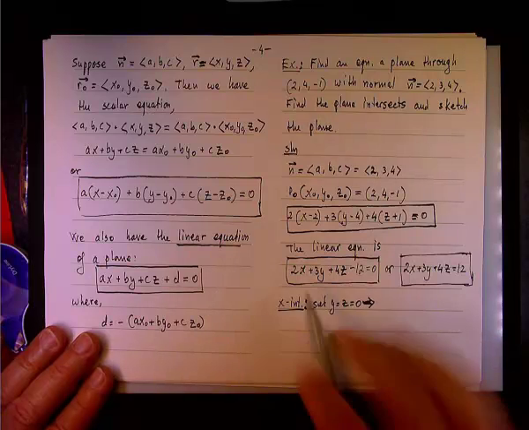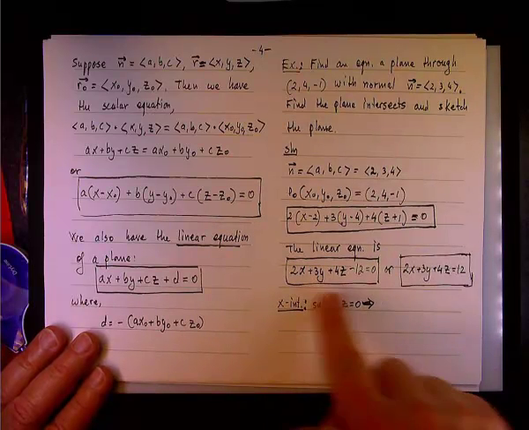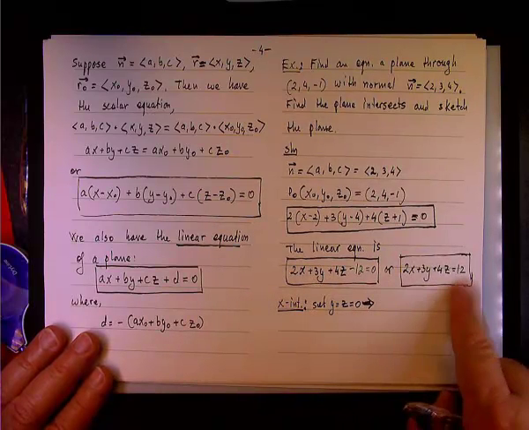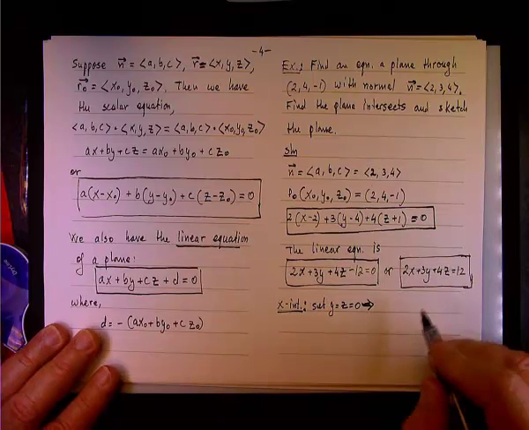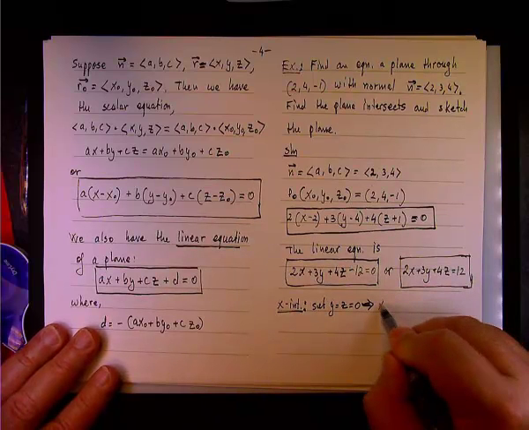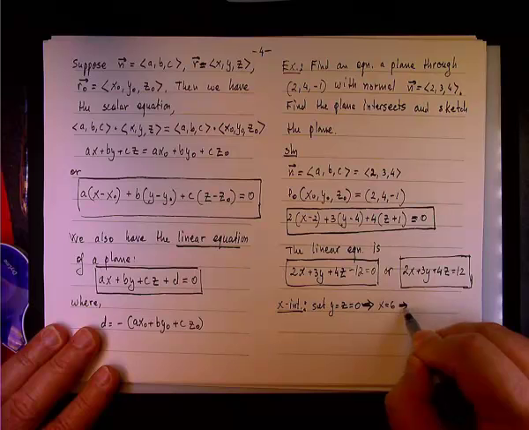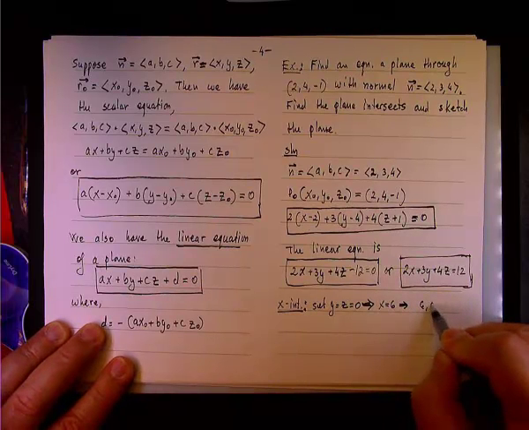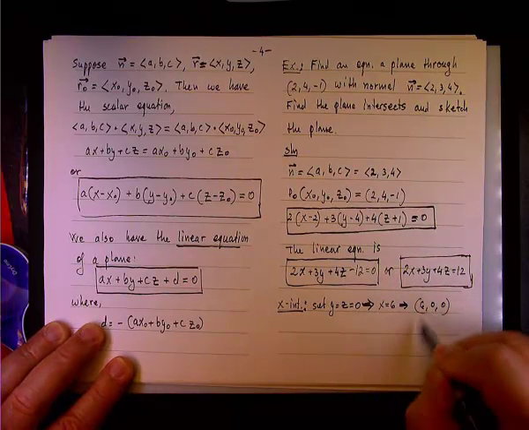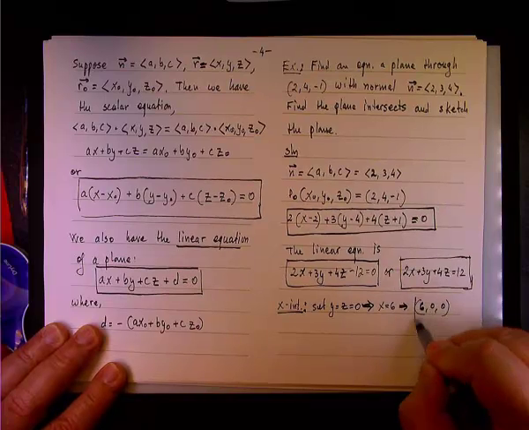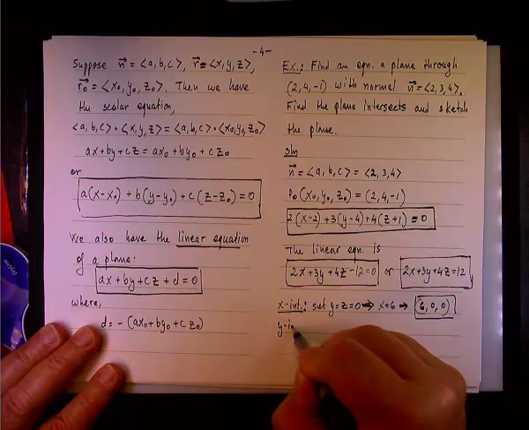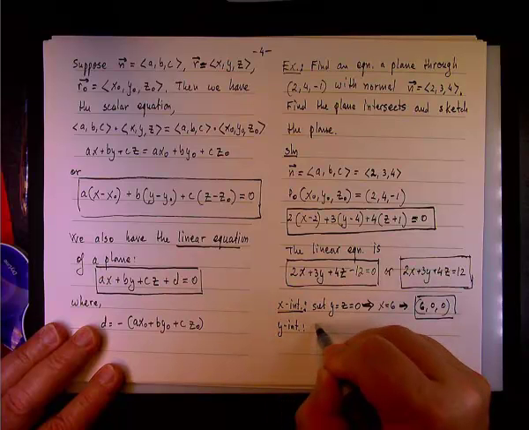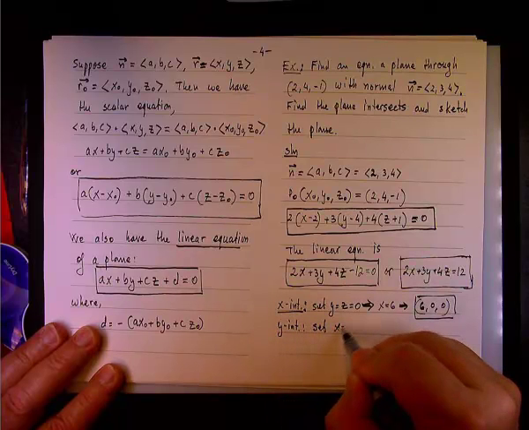Here we have to set the two other variables to 0, and it doesn't matter which form we look at, but this form right here is I think the most convenient. If both y and z equal 0, you have 2x equal 12, and therefore x equals 6. Therefore, the intercept will be (6, 0, 0). Okay? So that will be the x-intercept.